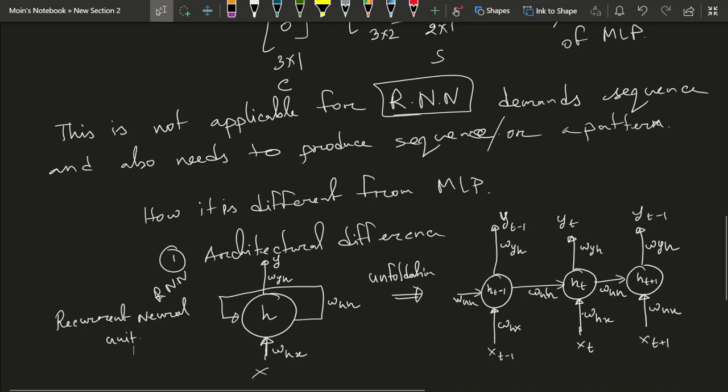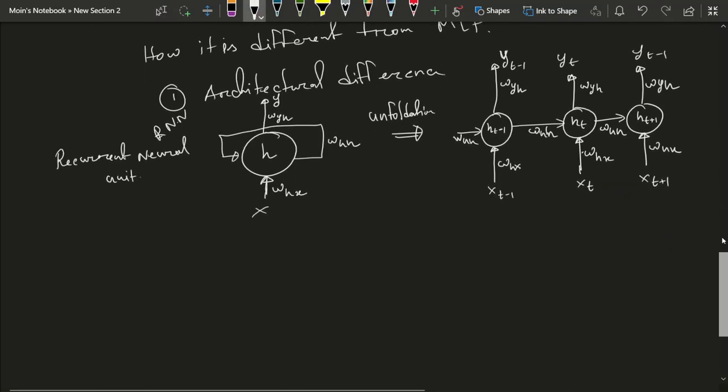That's why it is a little different from a traditional MLP or traditional neurons, since it can comprise feedbacks. So that is the first architectural difference.